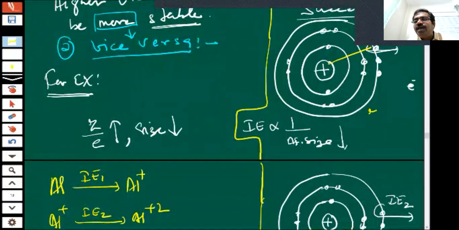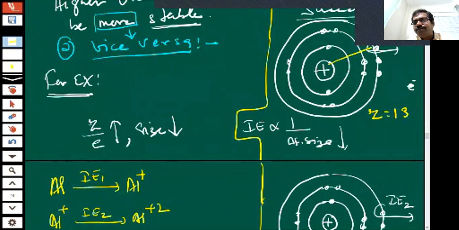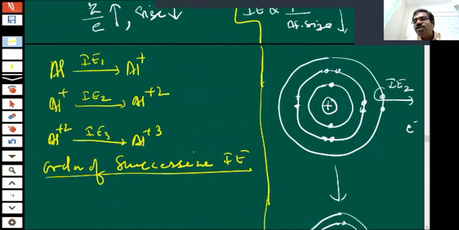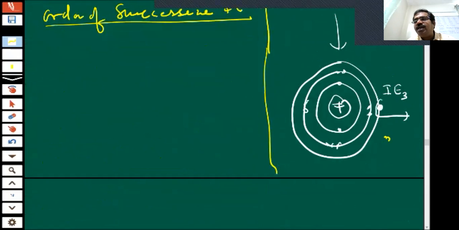Z is constant. Z is 13 everywhere. But the E ratio is changing. If I find Z by E, here the electrons are 13. Here the electrons are 12.